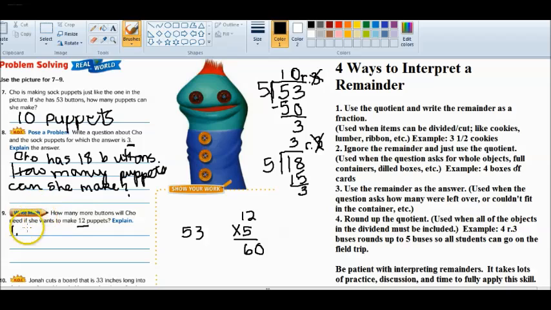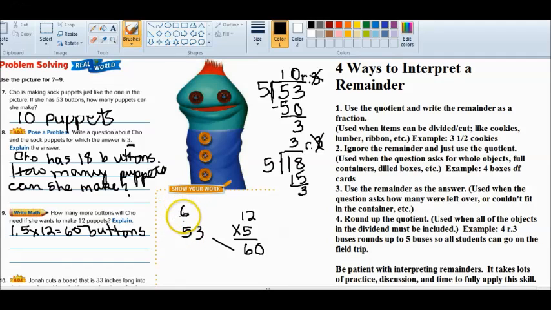So the first thing we'd do, step 1, if we're going to explain in steps like this, is 5 times 12 equals 60 buttons. Then our second step, since they already told us how many she has, is that in order to find out how many more buttons she needs, we're comparing 53 to 60, and whenever we compare two numbers, that's a subtraction problem.